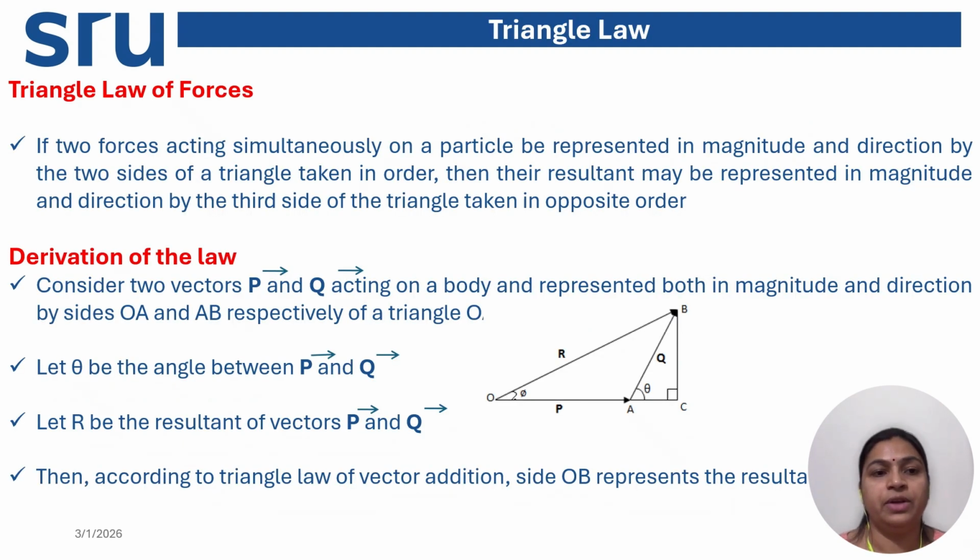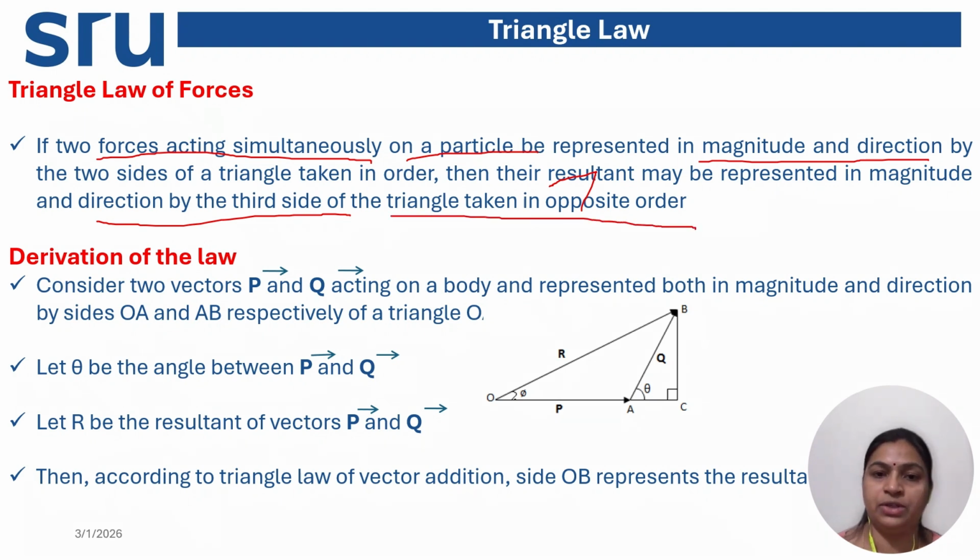So if forces acting simultaneously on a particle are represented in magnitude and direction by two sides of a triangle, then their resultant may be represented in magnitude and direction by the third side of the triangle taken in opposite order.